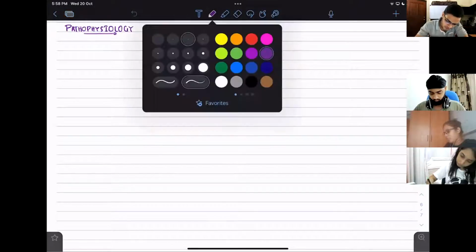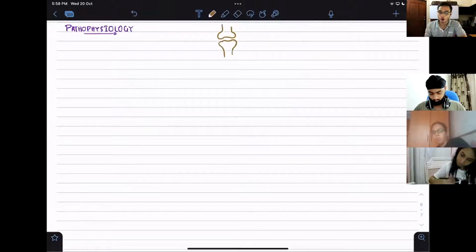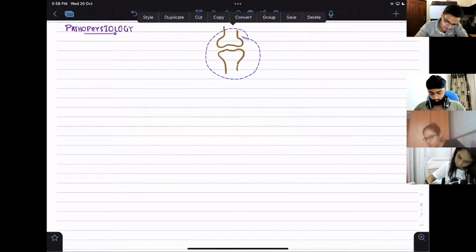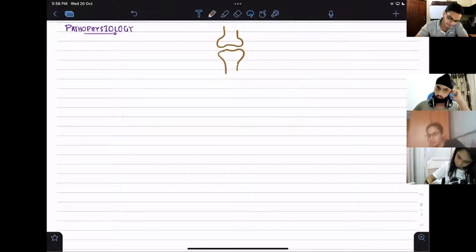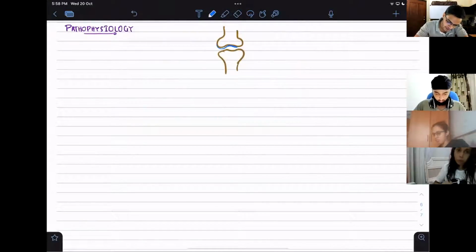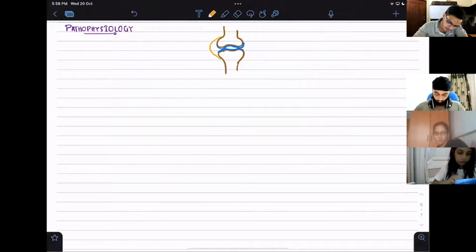Okay, so we'll start off by drawing our normal bone, guys. This is a normal, let's say a healthy one. Take a fully new A4 page, or whatever book you all are writing in. Take a new page, and here we have the articular cartilages, surrounded by the synovium.